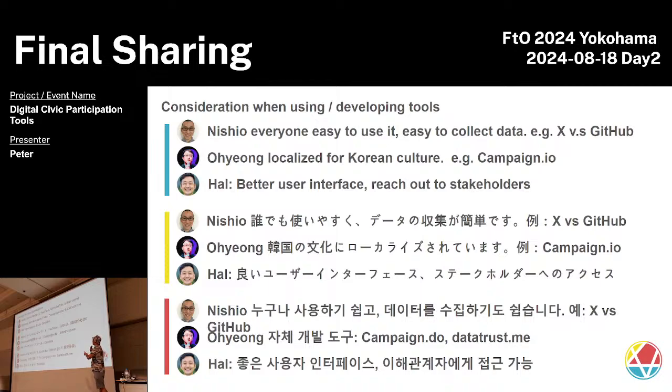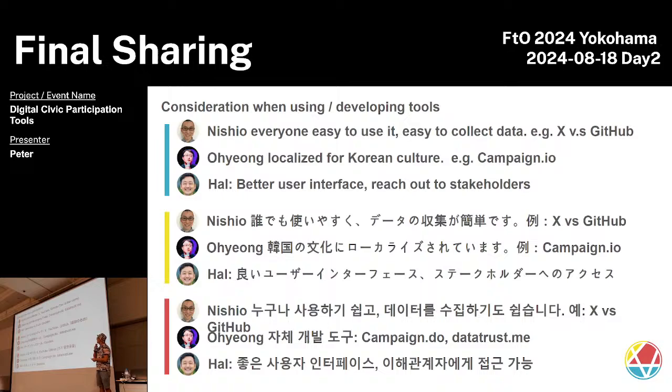Hyun-san mostly uses self-developed tools because his company can develop these kinds of tools, such as the IO, the data trust and MDE. And Hao-san and Code for Japan's community use open source tools like this.